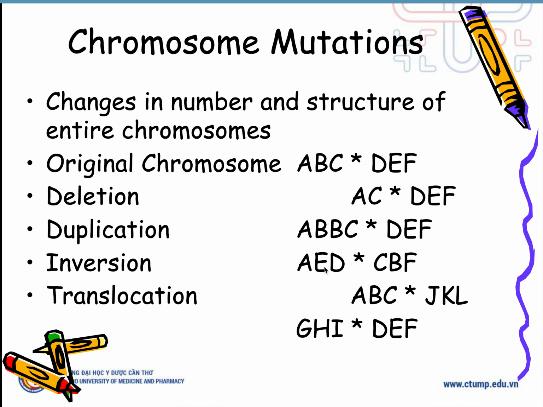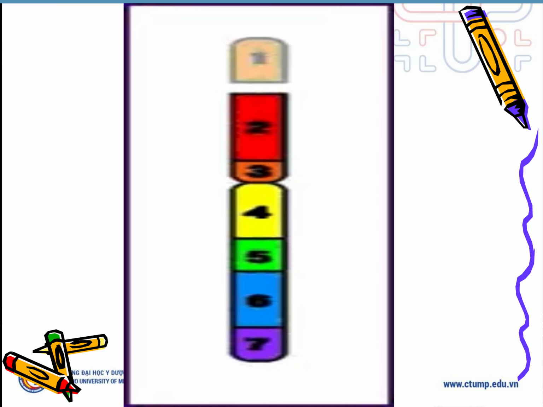For inversion here, the length of the chromosome looks the same, but they have changed the position of the nucleotide sequence, and so that affects the structure of the chromosome. And for translocation, two different chromosomes join together, and so translocation happens. And how many kinds of translocation there are, I showed you already.